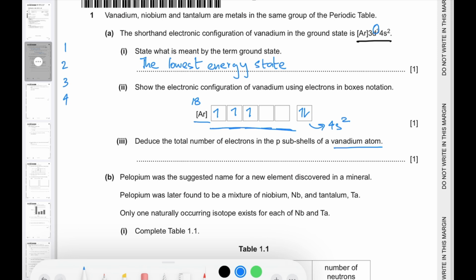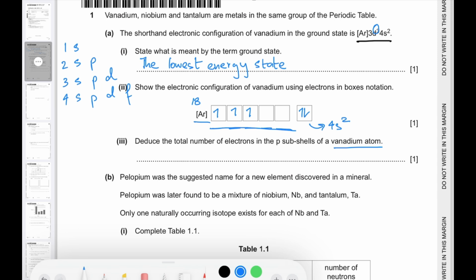For instance, shell 1 only has the s subshell, whereas shell 2 has subshells s and p. Shell 3 has s, p and d. Shell 4 has s, p, d and f. This continues to increase. You also need to know the number of orbitals in each subshell.